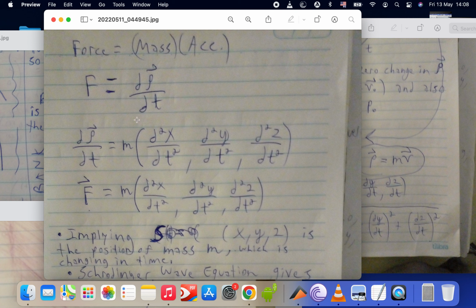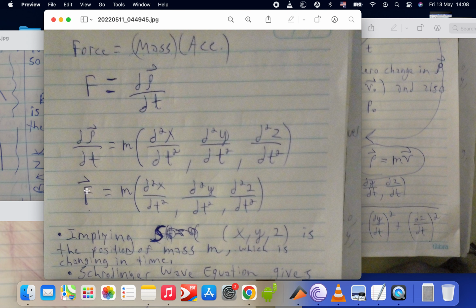Well, here's what this derivative of momentum with respect to time equals. It's the mass times the acceleration vector, which is what I wrote down here, the second derivatives of the position xyz with respect to time.